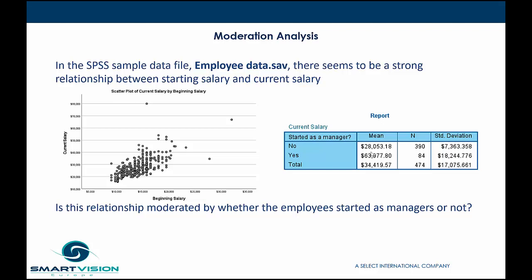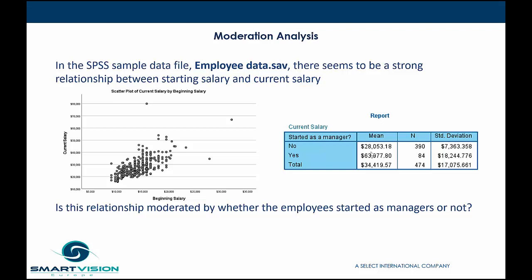Now that doesn't mean that the relationship between beginning salary and current salary is different. Just because their average current salary values are different, it doesn't mean that the relationship itself is moderated by whether or not they began as managers.